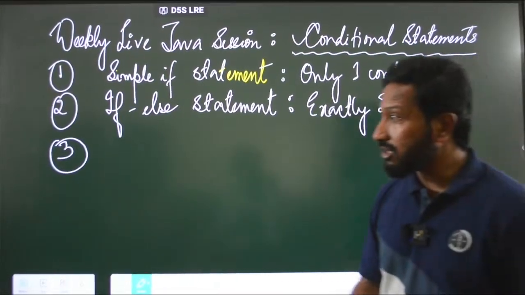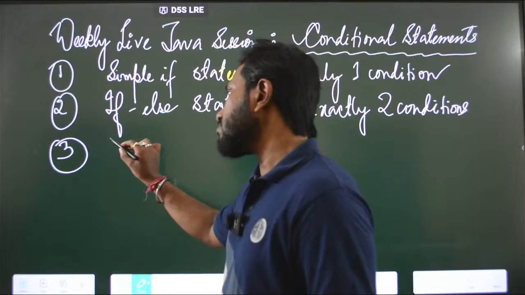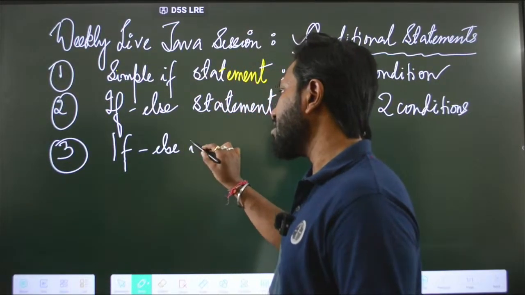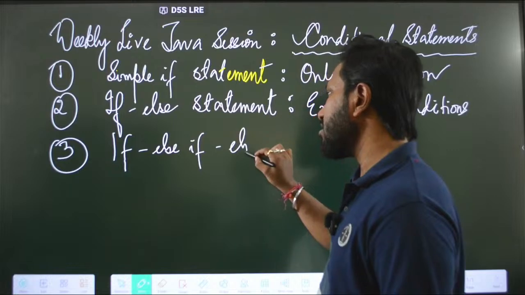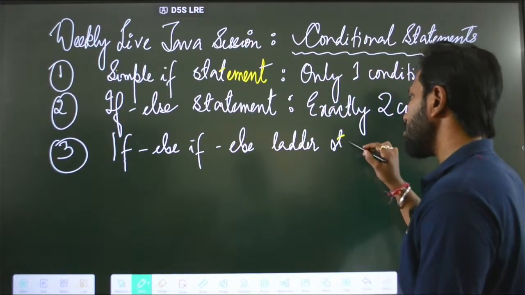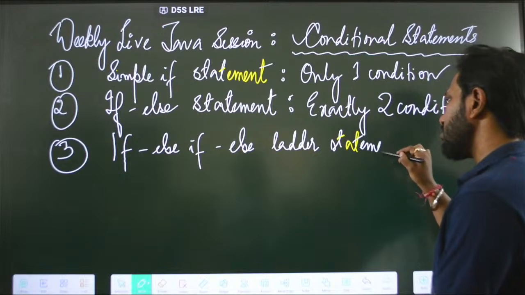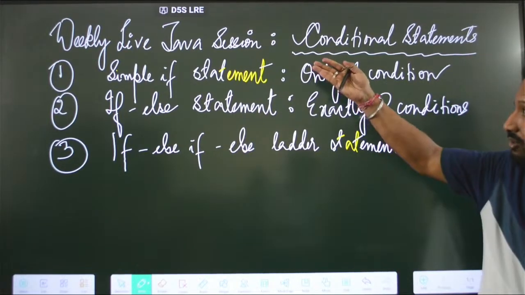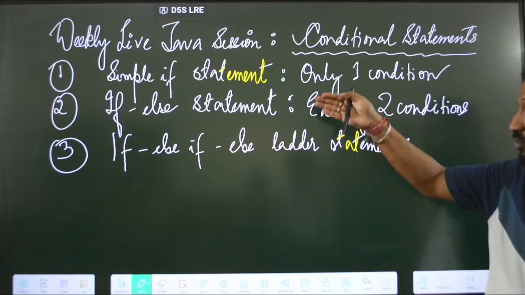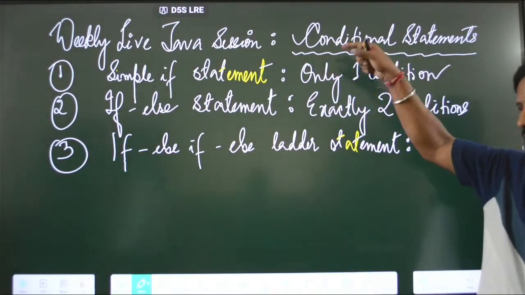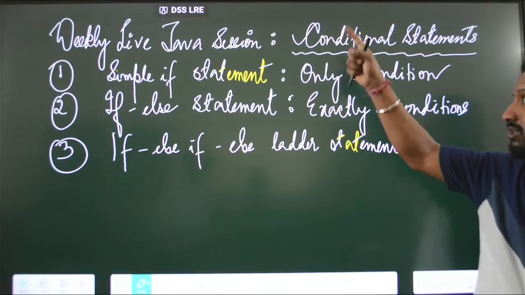Then it will be very easy for you to understand the rest of the categories of the conditional statements. So the third one here is the if else ladder statement. Here you can see we are gaining more and more conditions. The first one had only one condition; if it is true, then only it goes inside the block.